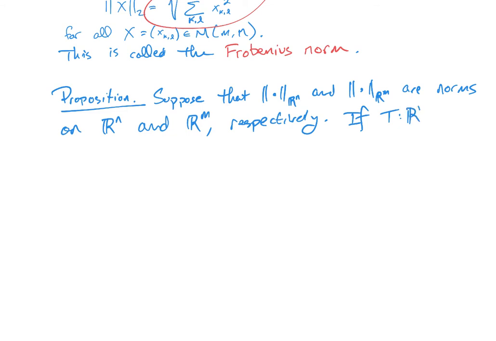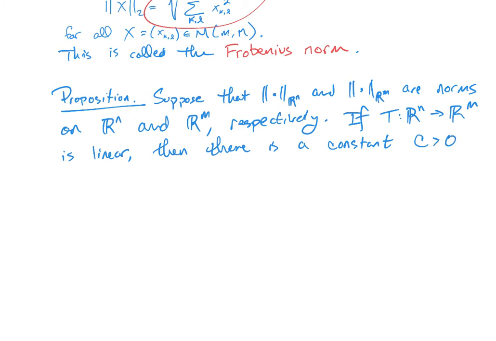We've got two norms. Our result is going to say that for any linear transformation T, it can only scale vectors by so much.